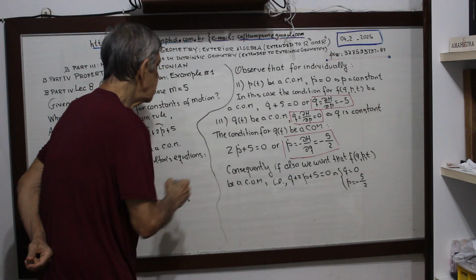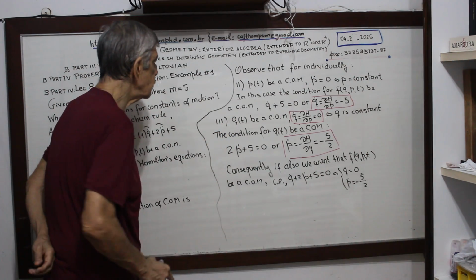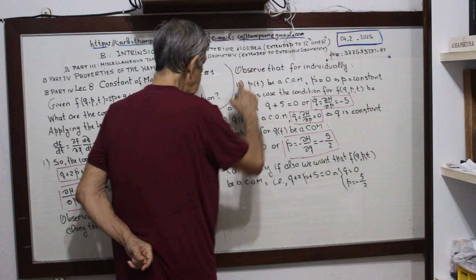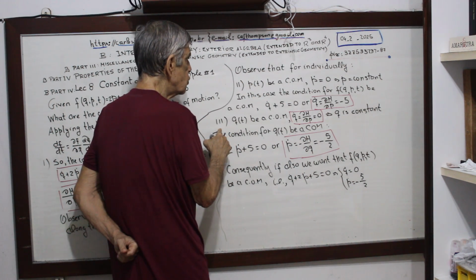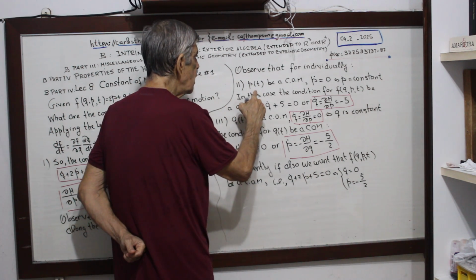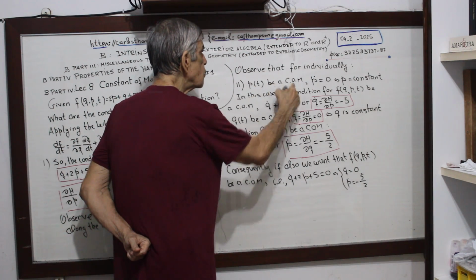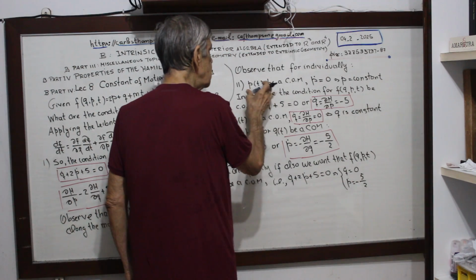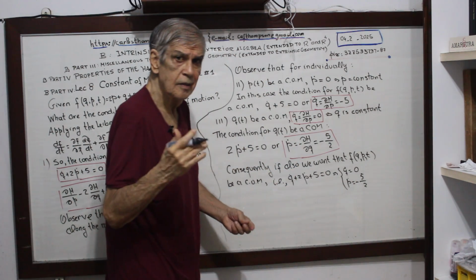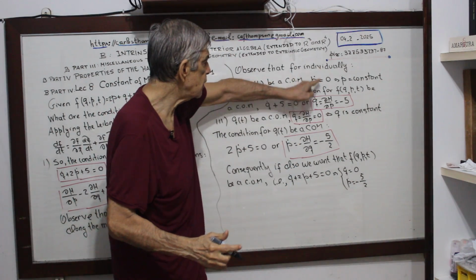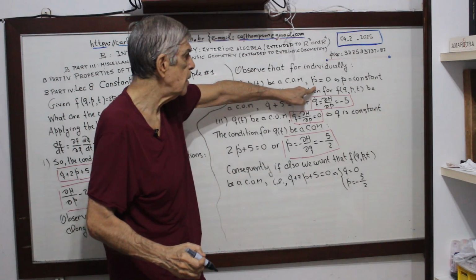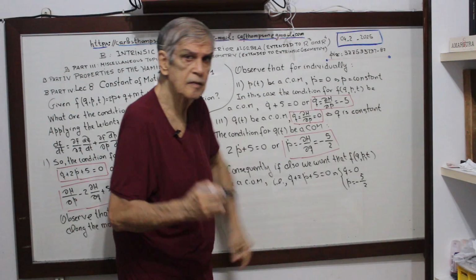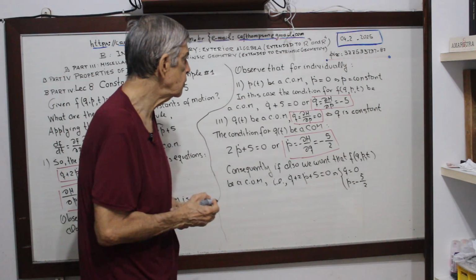Now let's apply the second and third conditions. Okay? Individually now. 2 and 3 are individual conditions. The first one is p of t be a constant of motion. So if p of t is a constant of motion, this implies that the derivative of p with respect to time is equal to 0, which implies that p is constant.